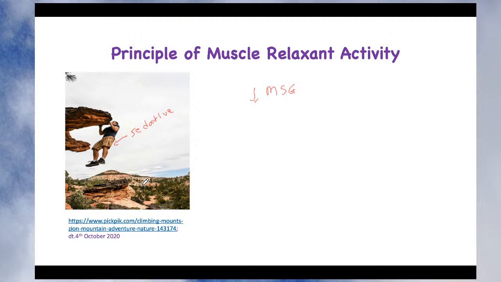So depending upon the muscle grip strength of that particular person, he will remain for more or less time on the tip of the mountain and be able to save himself.